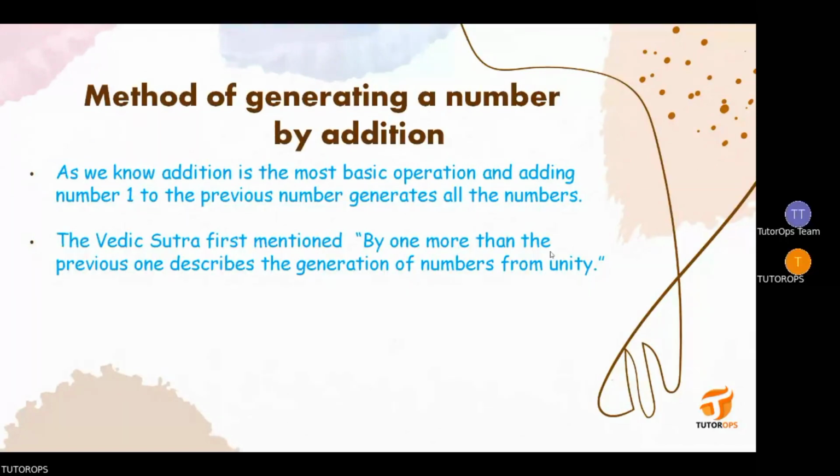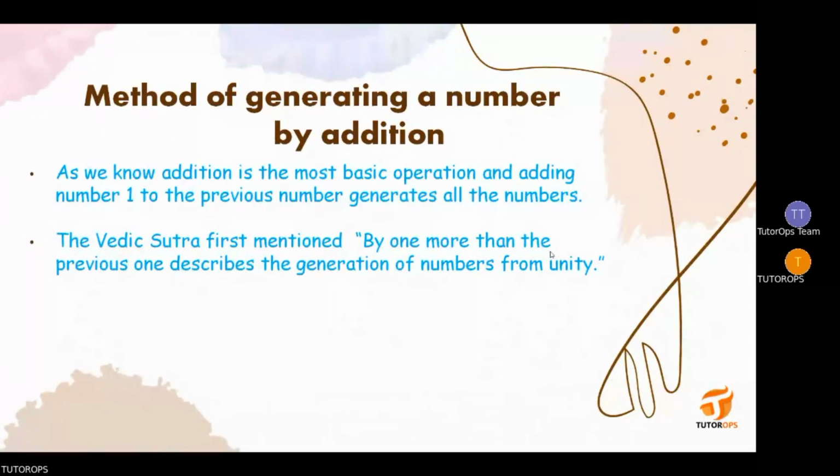The Vedic Sutra, first mentioned as "one more than the previous one", describes the generation of numbers from unity. The unity basically means 1, but sometimes we may take the basic point as 0. But we need to remember that the usage of 0 or the algebraic operations with 0 was not fully discovered in the Vedic era.